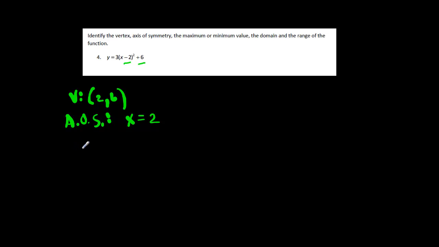The max or min value, when we look at a, is positive. That means it opens up. That means it has a min value since it bottoms out. And the min value is always equal to the y coordinate of the vertex, which would be 6 in this case.